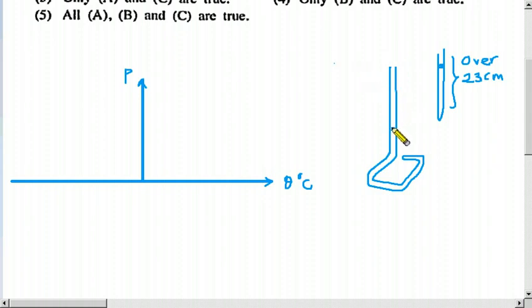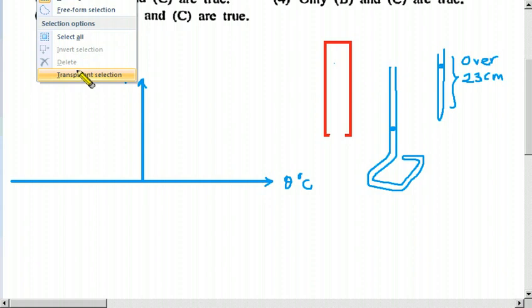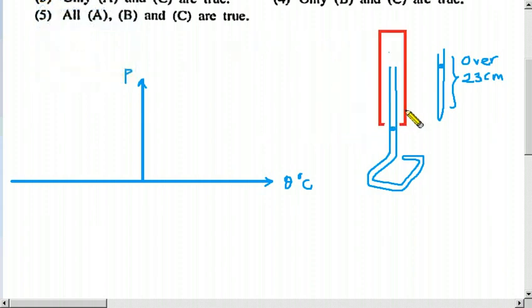The small mercury column traps the air column inside the tube, and a scale is attached to it using garters or sellotape.